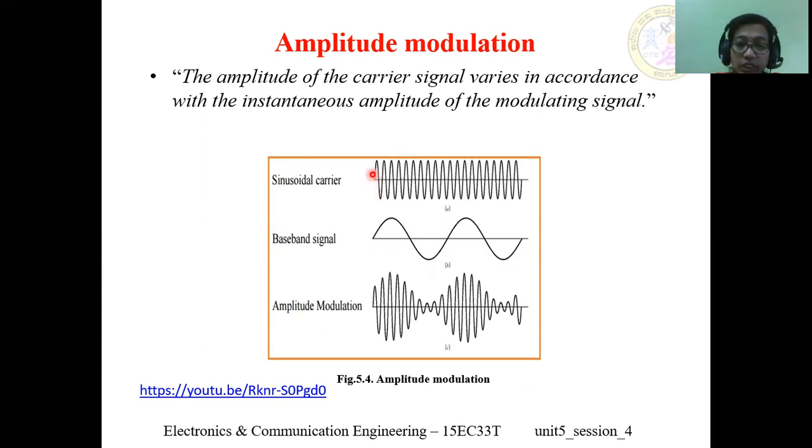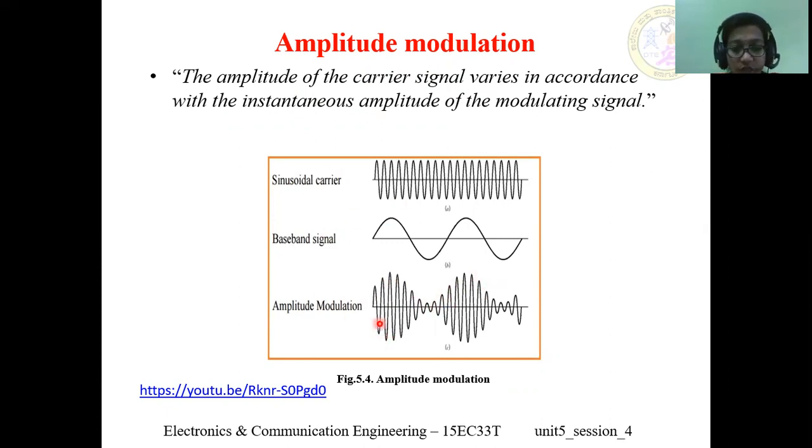If you're varying the amplitude of the carrier in accordance with the message signal, then we call it amplitude modulation. So here we have a definition for amplitude modulation. The amplitude of the carrier signal is varied in accordance with the instantaneous amplitude of the modulating signal. Here you can observe the waveform of the amplitude modulation.